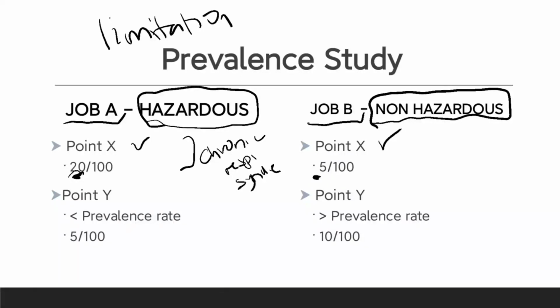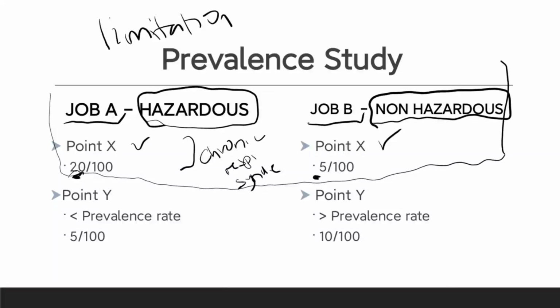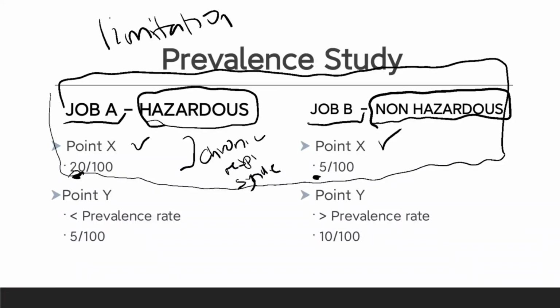So, ito na yung prevalence study natin, kasi one single point in time lang. Right? So, dyan, na-detect natin na 20 yung sa point X ay sa job A, whereas yung sa B, 5 lang. Ibig sabihin, since they are working in a hazardous environment, mas prone sila or at risk sila sa chronic respiratory syndrome. Diba?